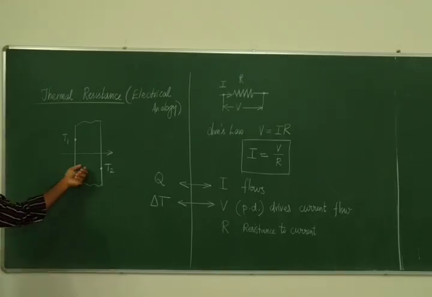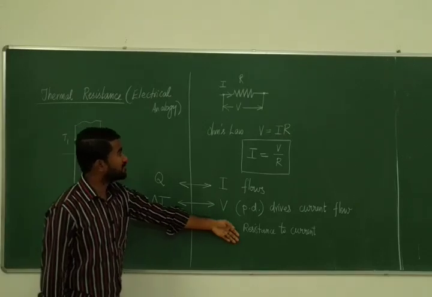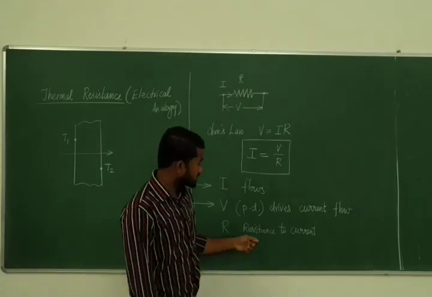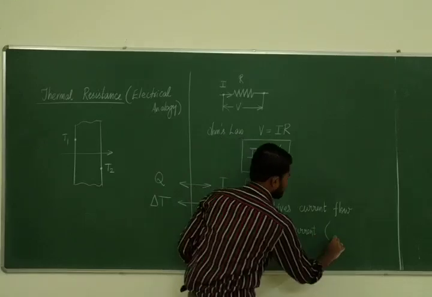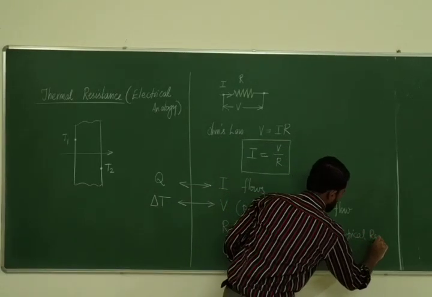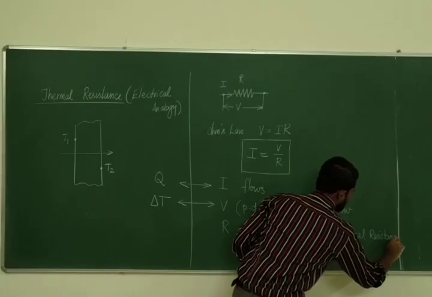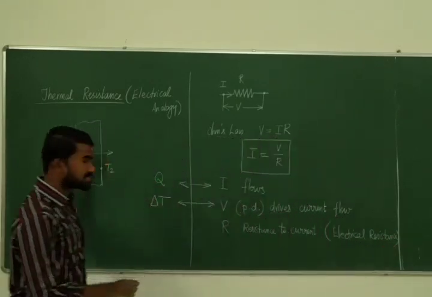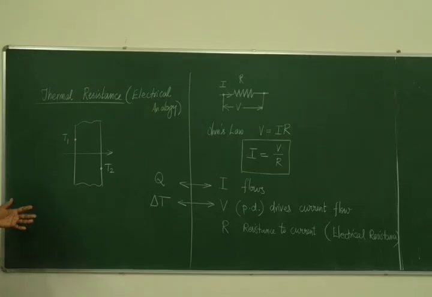The material has a thermal resistance, just as there you have an electrical resistance, the resistance to current. This material has a resistance to the flow of heat. For example, plastic opposes the flow of heat.